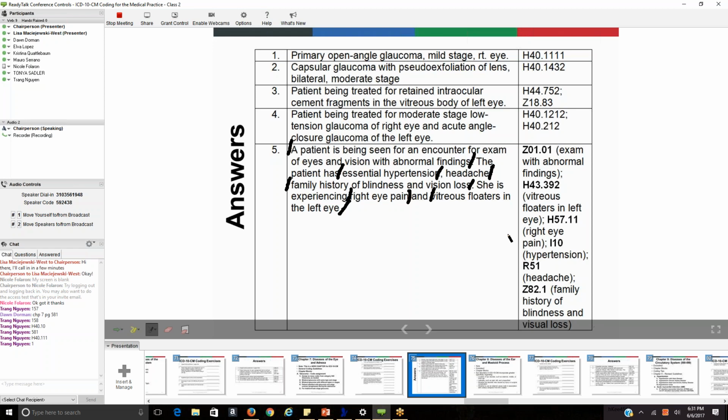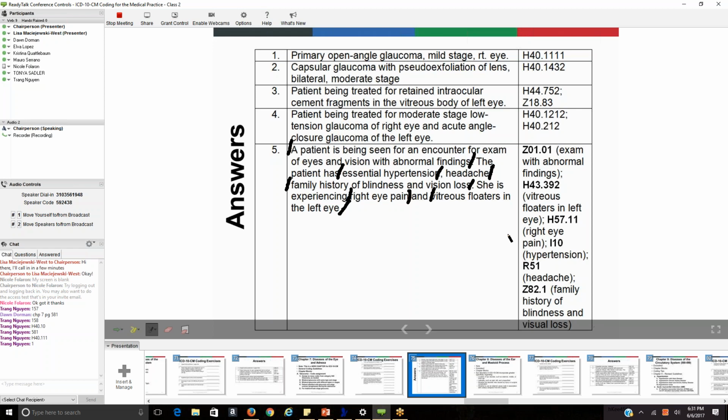It's second because that's the reason for the visit. It's for exam of eyes and vision. So what you're going to do is diagnose the vision problem first, because that's why the patient is being seen, okay? And that is, in essence, the most acute condition.